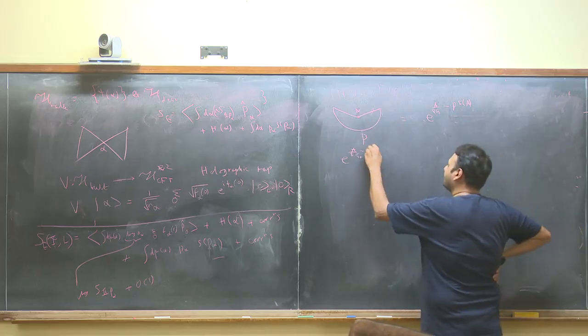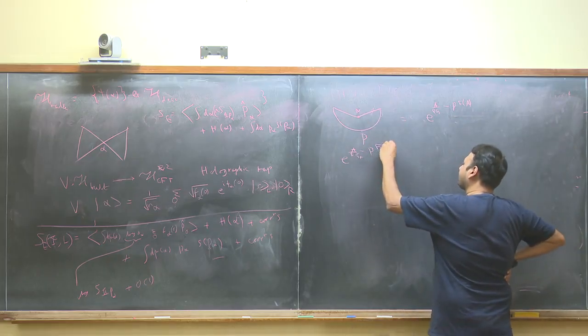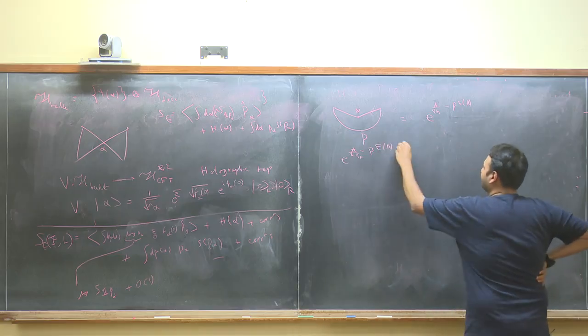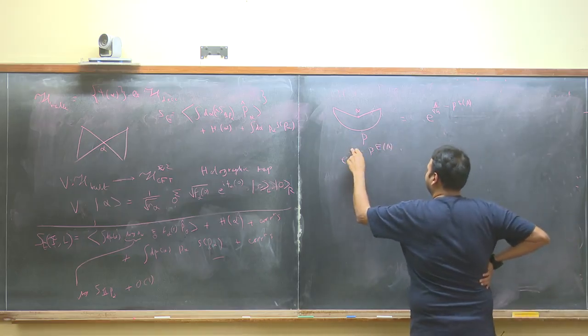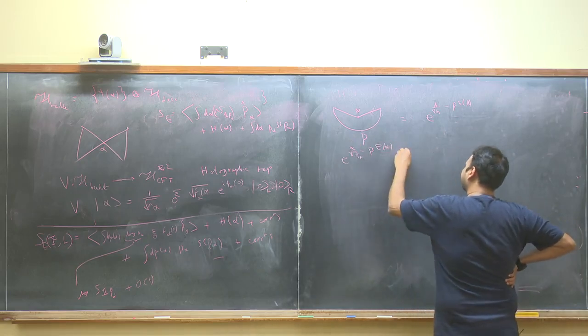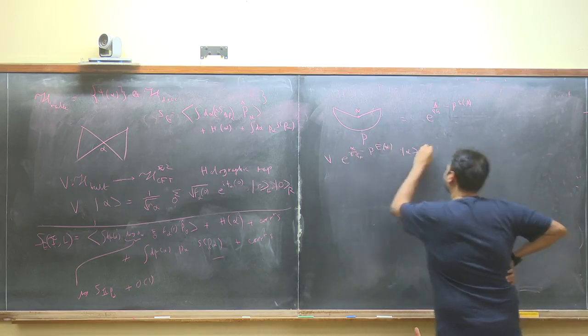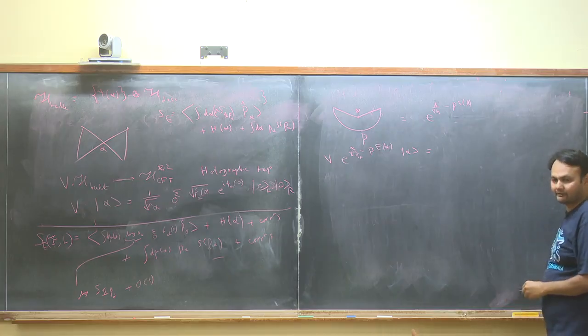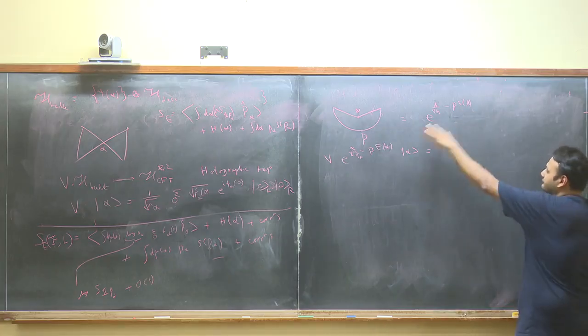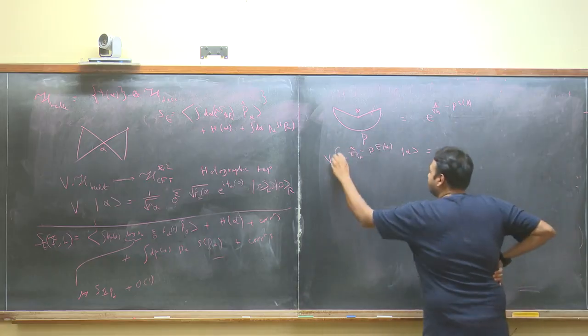Minus beta E of a. When you do this, and again I'll rename this alpha. It's a semi-classical calculation. Yeah, so I'm pulling out the wave function from there, putting it here, integral.